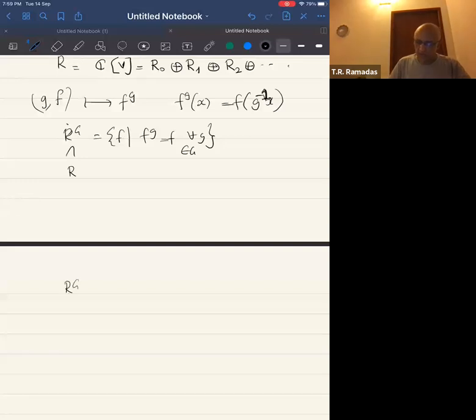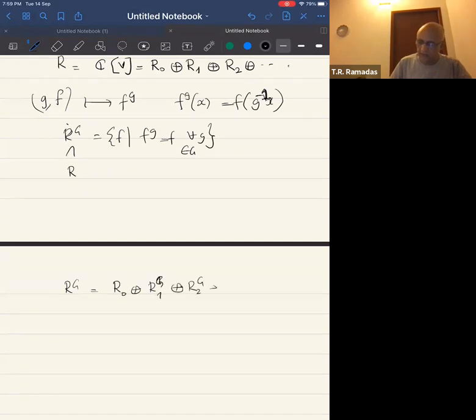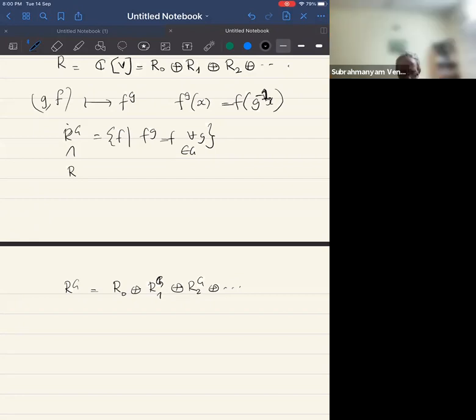So R^G is R_0, because constants are invariant, obviously, plus R_1^G, direct sum R_2^G, etc. Why is that? Because the group action is linear. If you take a homogeneous polynomial of degree d, it gets transformed into a homogeneous polynomial of degree d. So the group acts independently on the spaces of homogeneous polynomials of different degrees. If I have an invariant polynomial which is not homogeneous of some degree, each of its homogeneous components will independently be invariant. So the invariant ring is also graded.